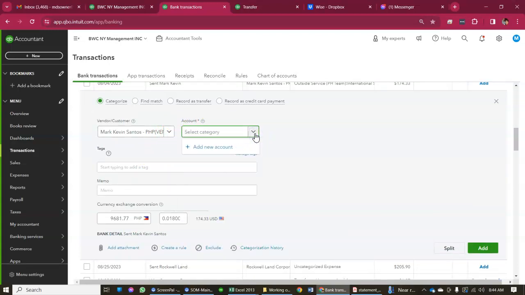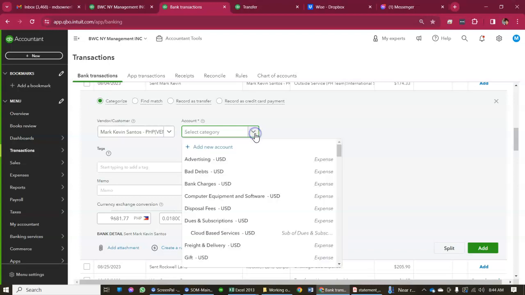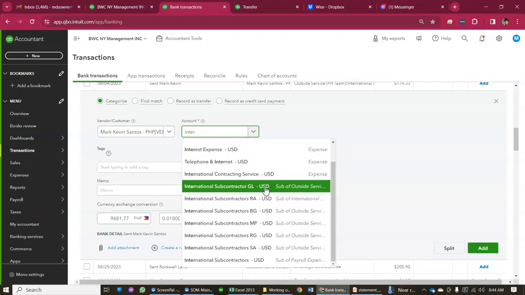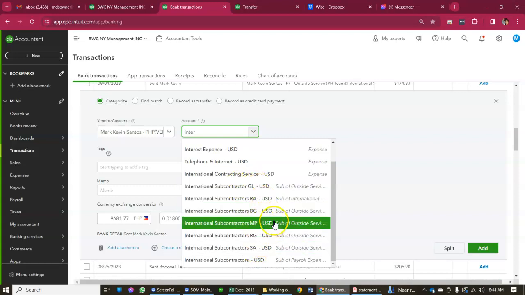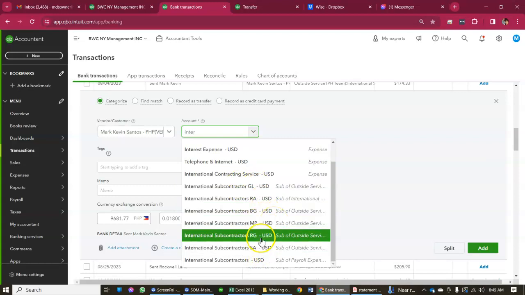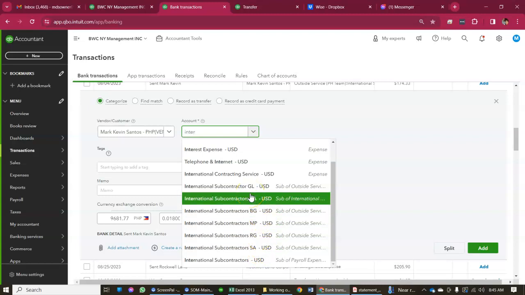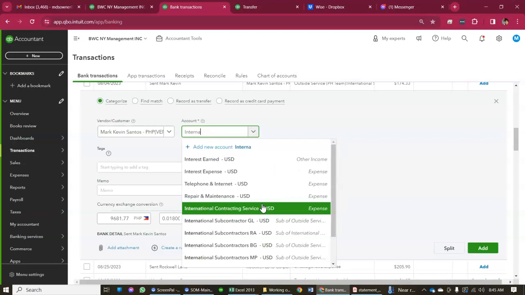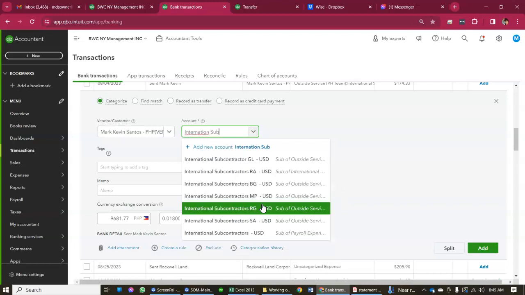Each of the subcontractors, they have this, for example, international subcontractors. So they have this international subcontractors, then they put particular initials for their names. So if MK cannot be found, try to make an account of this, like international subcontractors.